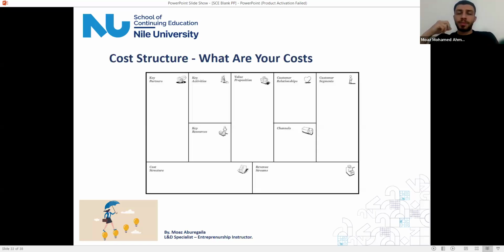So in groups, I want you to consider what are the primary ways your business will generate revenue, and whether you can use multiple revenue models or you will just use one revenue model. Also think about how you will price your products or services.